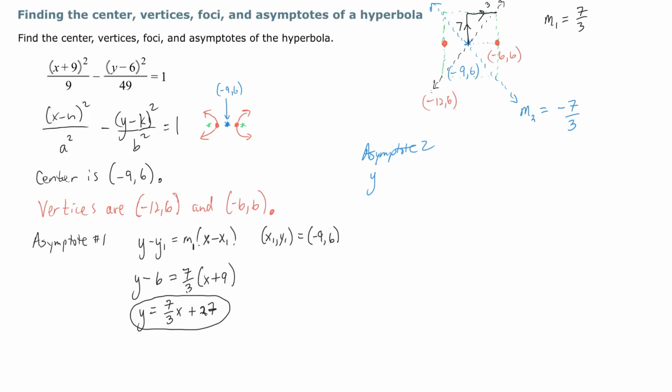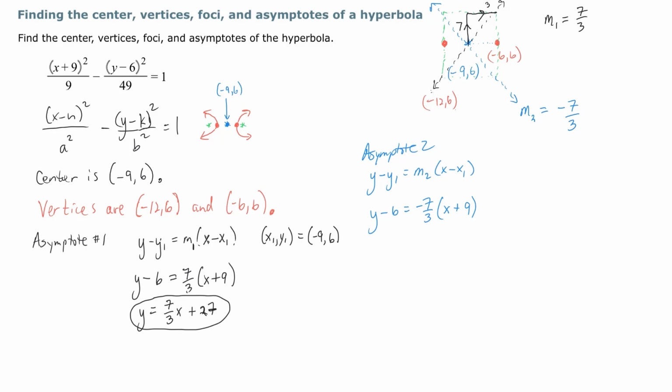So y minus y1 is equal to m2 times x minus x1. And x1, y1 here is just the center of the hyperbola. So y minus 6 is equal to negative 7/3 times x plus 9.